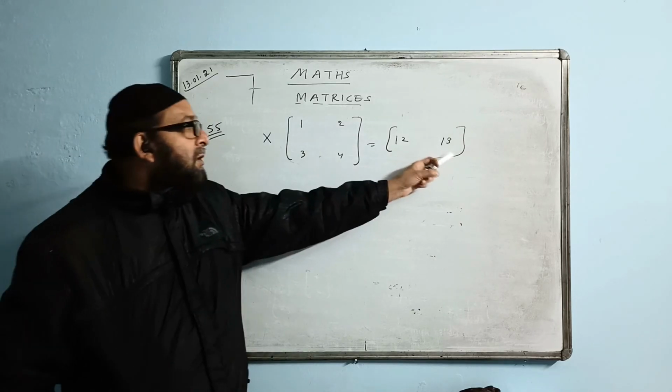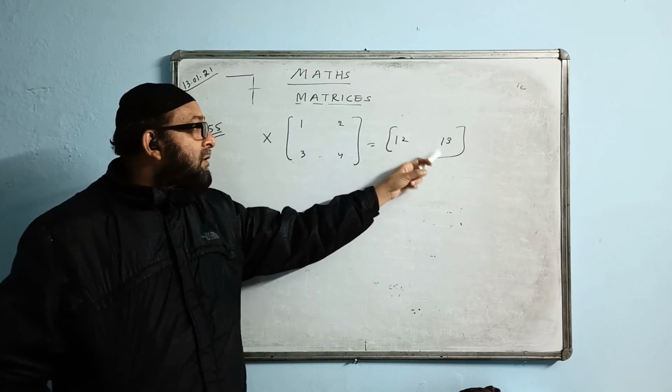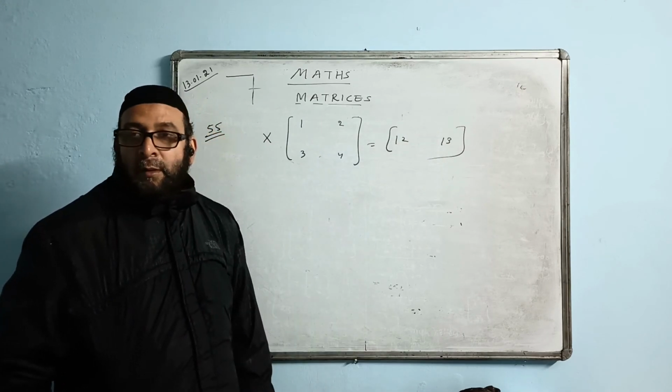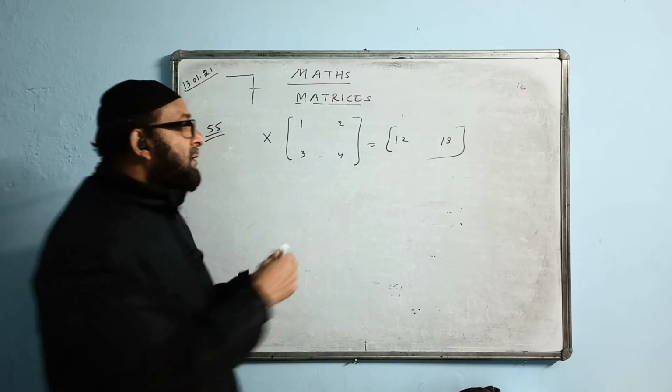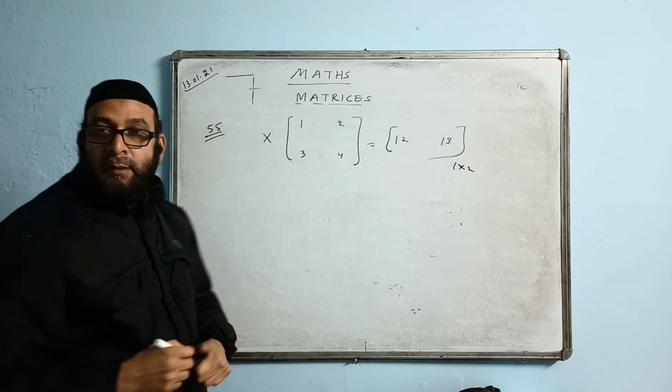You will bother about what is there after the equals sign. What is the order of this? 1 row and how many columns? 1 by 2, no? This also will have the same order.